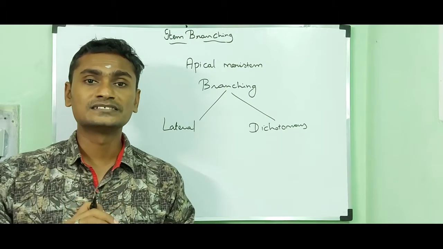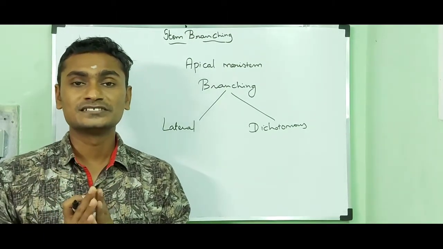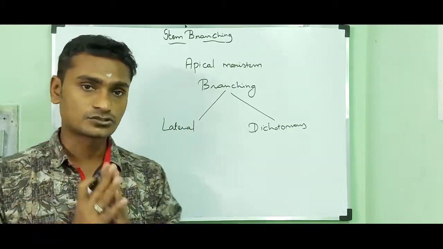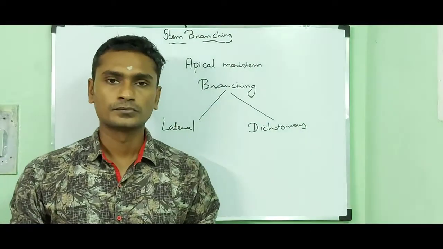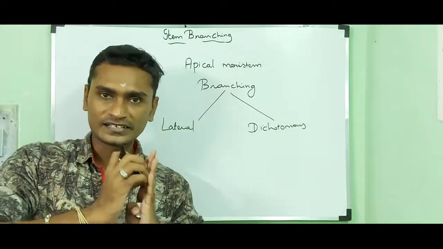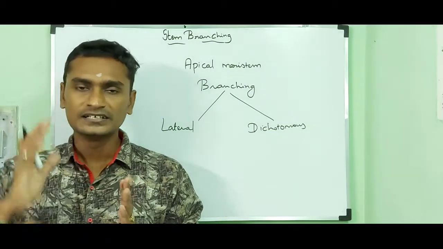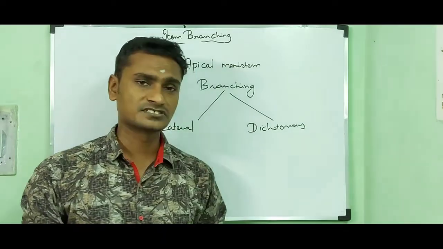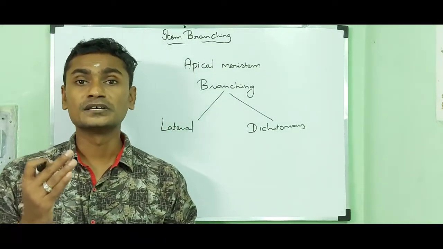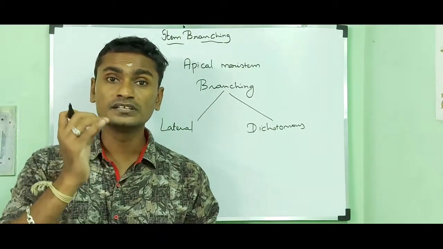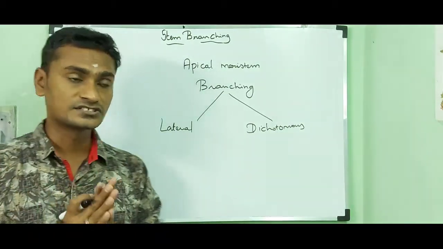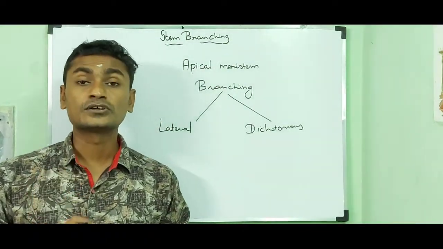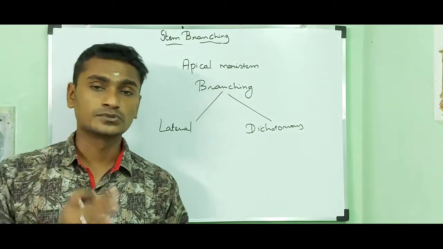From the main trunk, a secondary branch emerges, and that branch is called as lateral branching. ஒரு ட்ரீன்னு எடுத்துக்கிட்டிங்கன்னா அது ஒரு மெயின் ட்ரங்க் இருக்கும், அதிலே இருந்து அதோட பக்கவாட்டில் இருந்து இன்னொரு பிரான்ச் வருதுல்ல, that branch is called as lateral branches. Dichotomous branching means the division of the apical meristem into two equal independent axes, and that branching is called as dichotomous branching. This type of branching is seen in non-vascular plants and non-seed producing plants.